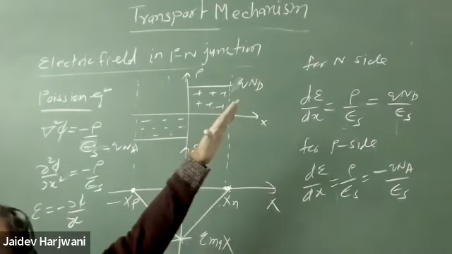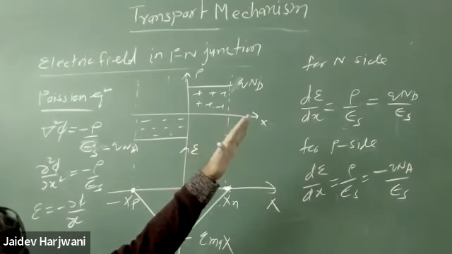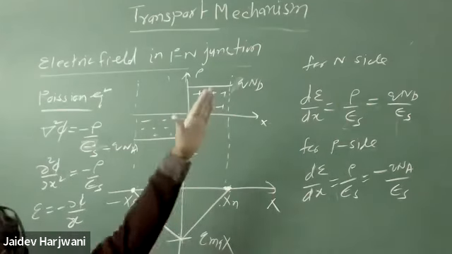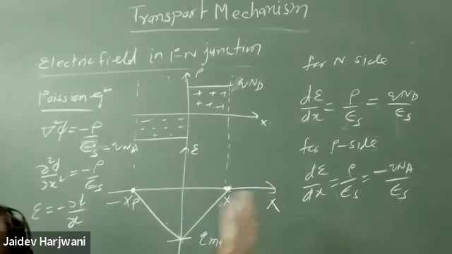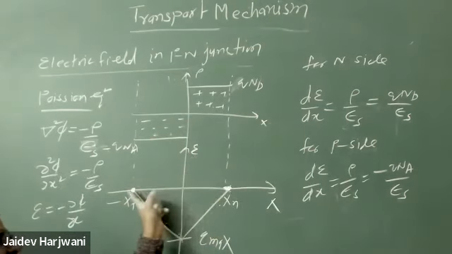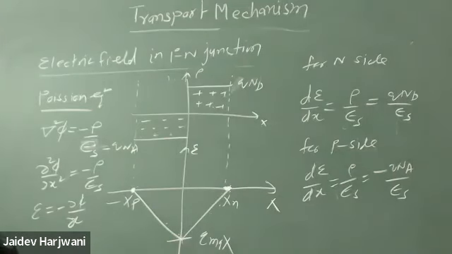Y equal to mx is like this, and y equal to minus mx is like this. When the slope is positive it goes like this, and if you go down like this, this is your negative slope. Both electric fields should be 0 at the boundaries, and then somewhere it should be maximum. We'll discuss in detail tomorrow.